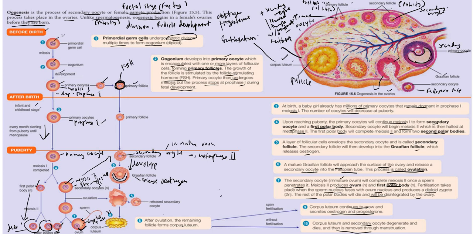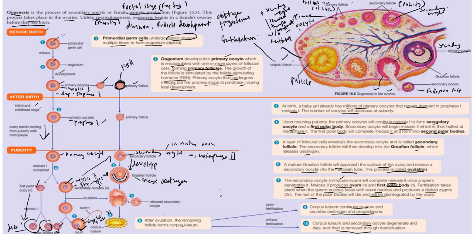So that is what occurs every month because there is no sperm, right? That's why we have this menstruation every month. That means the corpus luteum and also secondary oocyte will be removed through the menstruation.